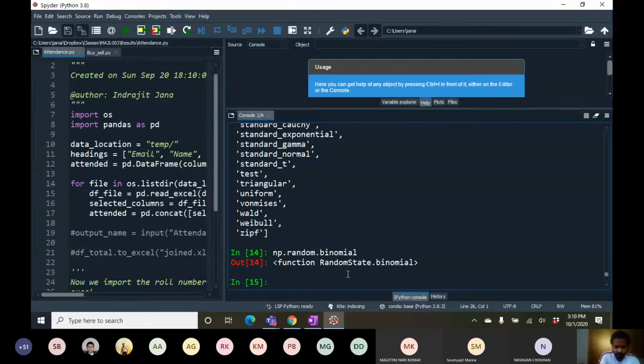Now, if I want to find the help for that, so what does this function do? In Python, we can do that.